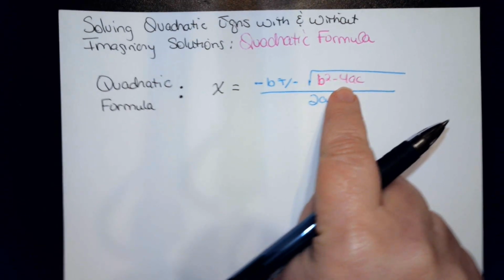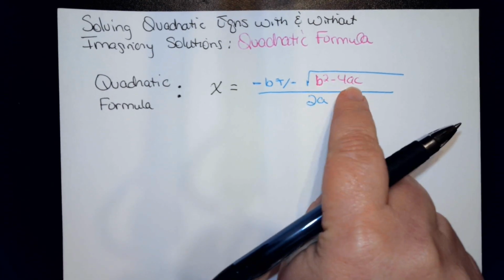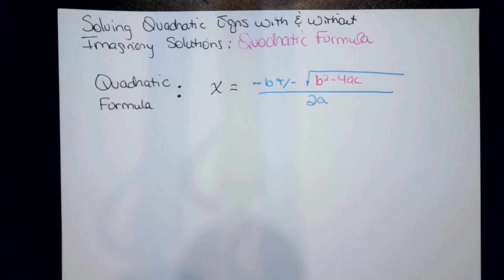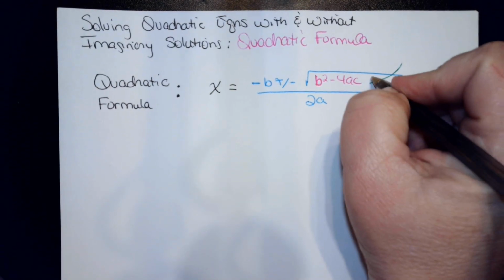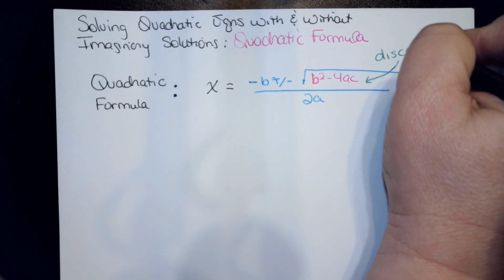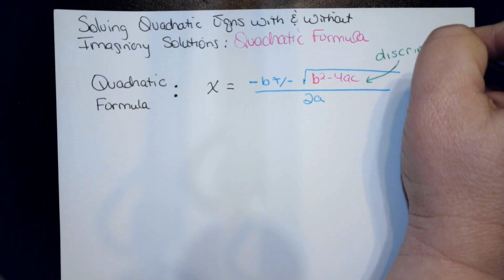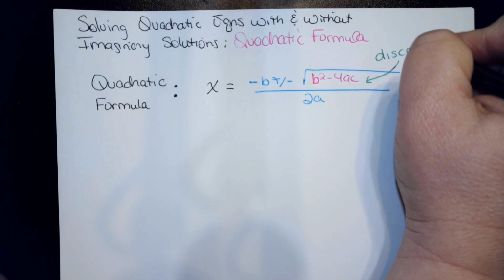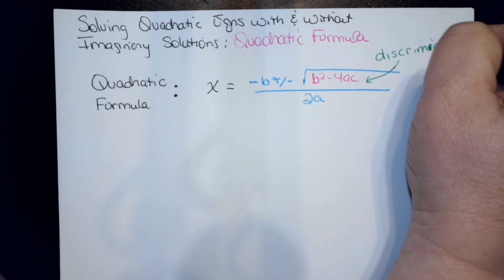Alright. So notice here under the radical, I have b squared minus 4ac in a different color. And the reason why I have that in a different color is because this portion is known as the discriminant. Discriminant. Let's see if I can spell it today.